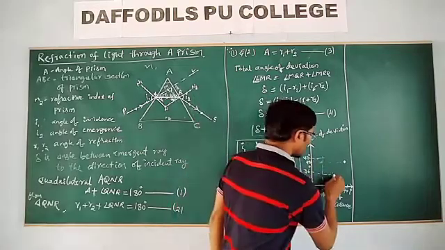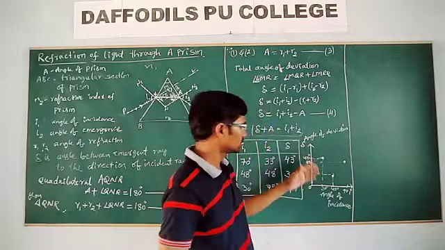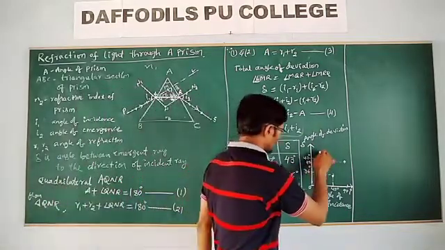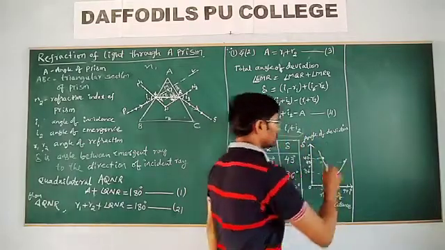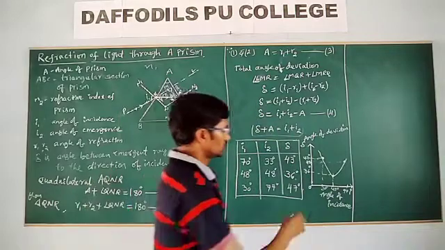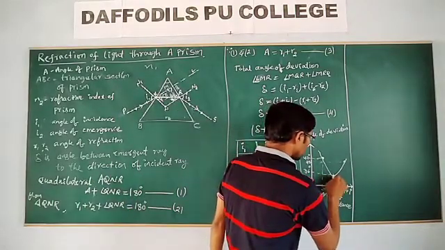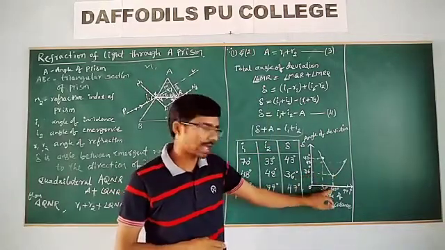Now, if you draw the graph, how do we get it? These are the points traced by taking these values on the graph. If you join them, you can clearly observe from this graph that the deviation is minimum at a particular angle of incidence.